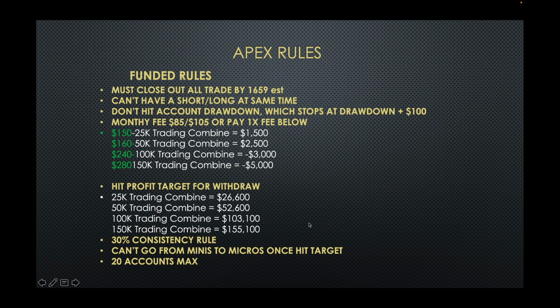So the benefit is if you reach the profit target to where you can withdraw in one account, we'll say you can withdraw $1,000. Guess what? You can withdraw $1,000 in each one of these accounts. So that's $20,000 in your favor.